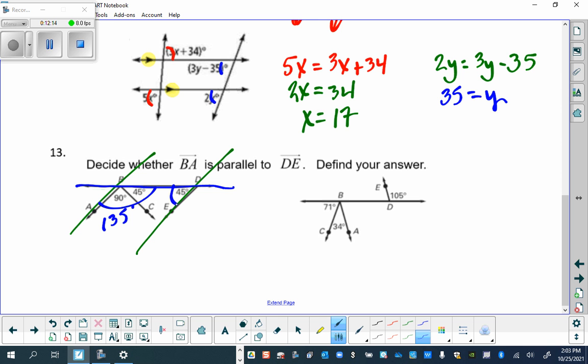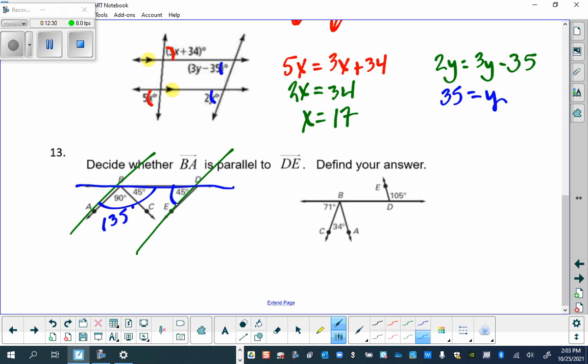They look like supplementary consecutive interior angles to me. That's a lot of vocabulary words. Supplementary, 180 degrees, consecutive, next to each other, or same side, interior angles.